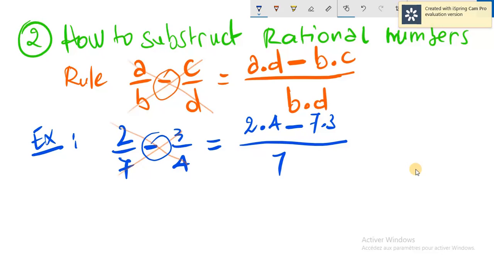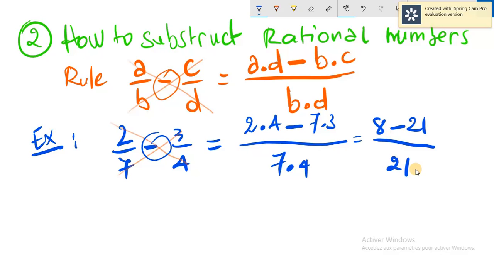What do you have here? 2 times 4 is 8, minus 7 times 3 is 21. Here, 7 times 4 is equal to 28, so you need to write 28 as denominator. Now let's simplify this.